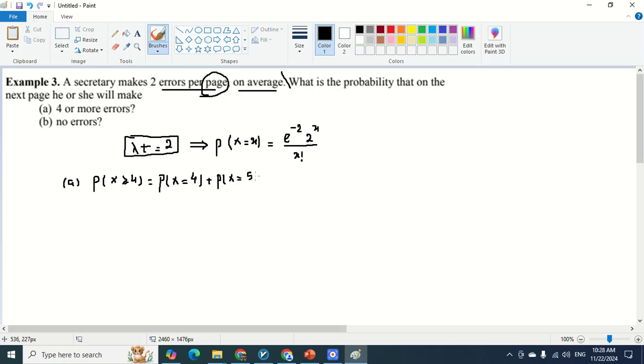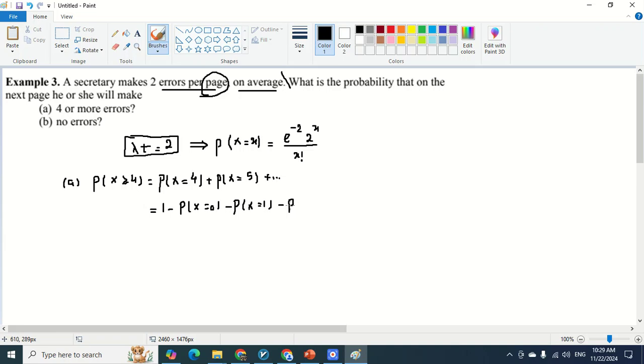So instead of calculating all of this expression, I use the complement of this probability. I can rewrite it as 1 minus the probability of having no mistake, probability of X equal to 0, or having 1 mistake, X equal to 1. I should also subtract the probability of X equal to 2, and the probability of X equal to 3 from 1.